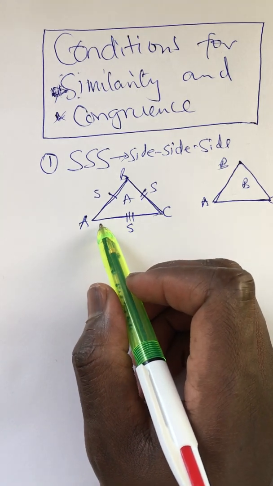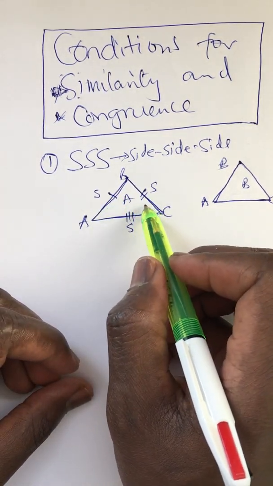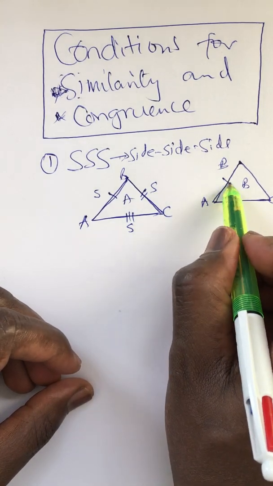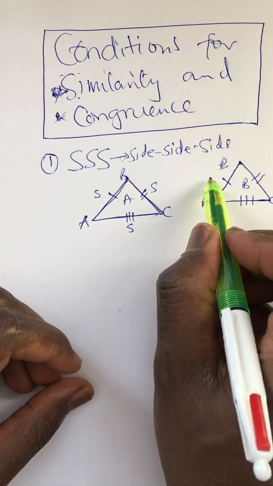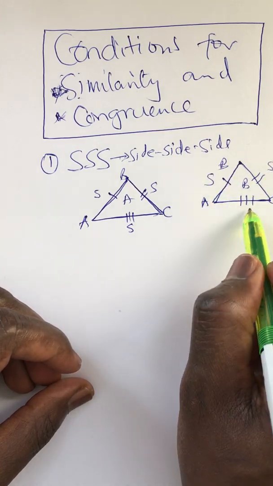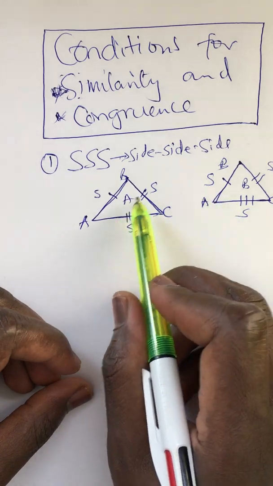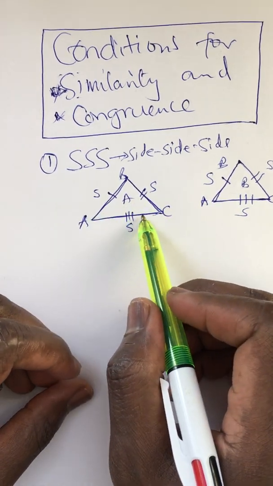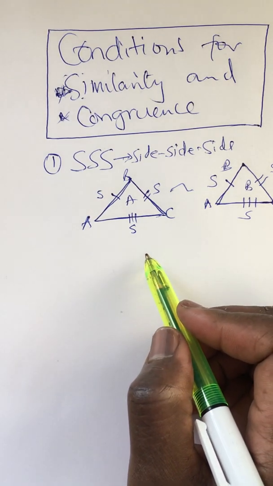Now, when this one has three sides like that, the other triangle also has to possess similar features. So when we have two triangles like these with similar sides, we say that these triangles are in fact similar.